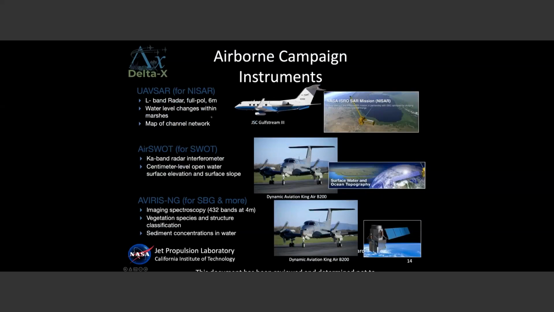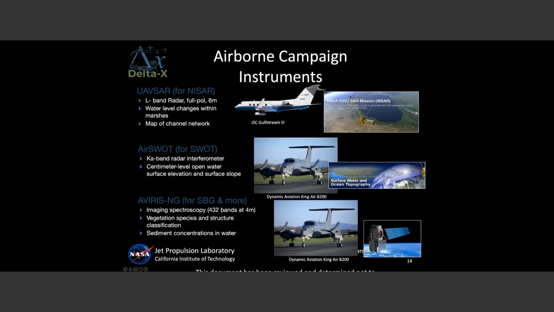These 2 radar measurements are complementary. One measures water level change within the marsh, the other one in open water areas. So we know the level of water within the channel and the adjacent wetlands. We can measure the impact of changes on each other. So we can look at connectivity of the system through remote sensing measurements. Those are the 2 radars: the first one is UAVSAR, the second one is AirSWOT.